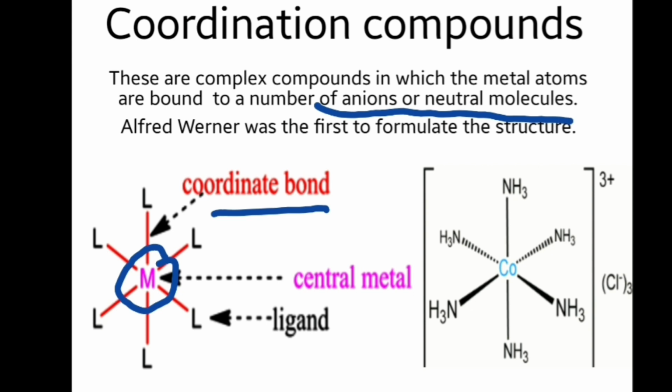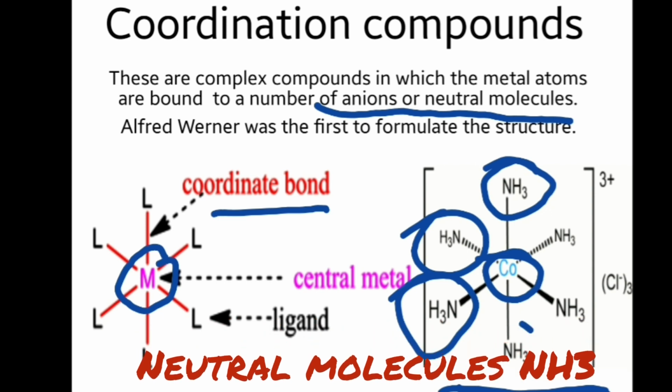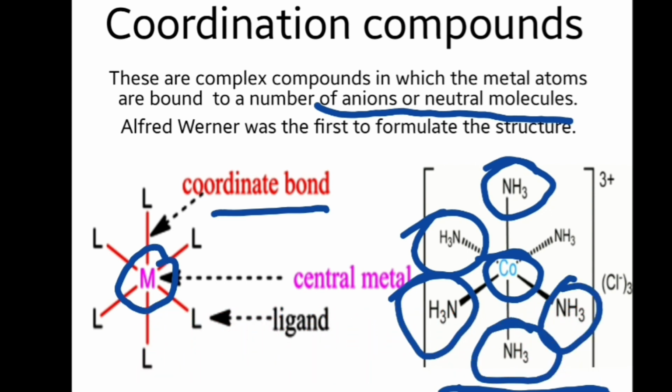So these complexes will have a central metal which is bound to a number of anions or neutral molecules. In this particular example, cobalt is a metal, and the neutral molecule NH3 is bonded to the metal.